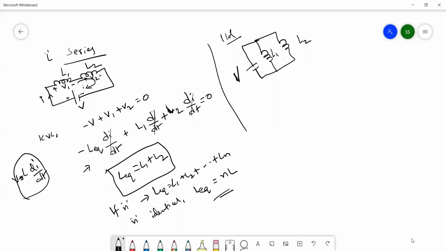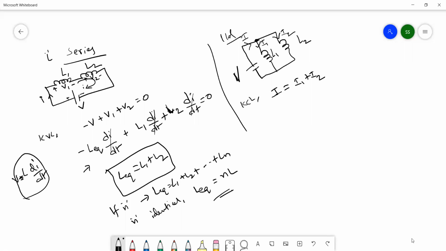For parallel, there is a junction point, so the current is going to divide. Apply KCL: the entering current I equals I1 plus I2.